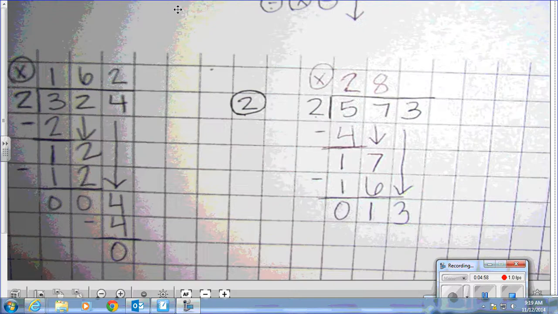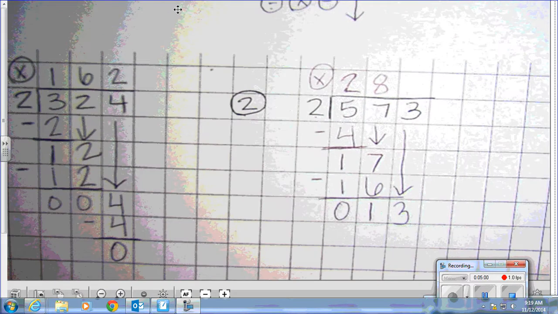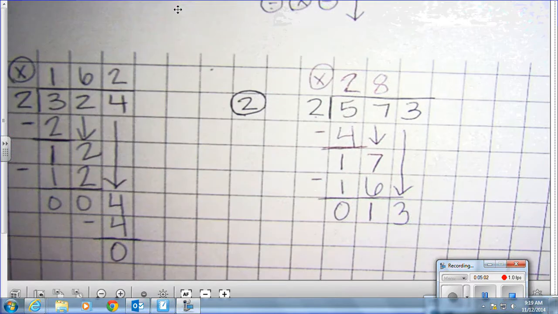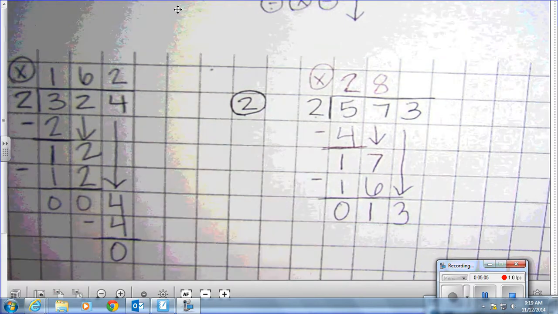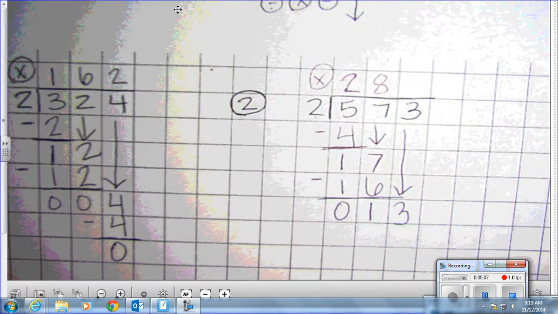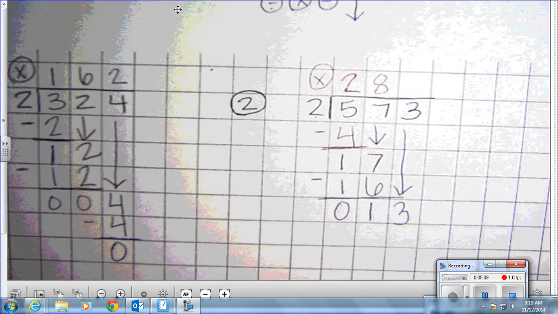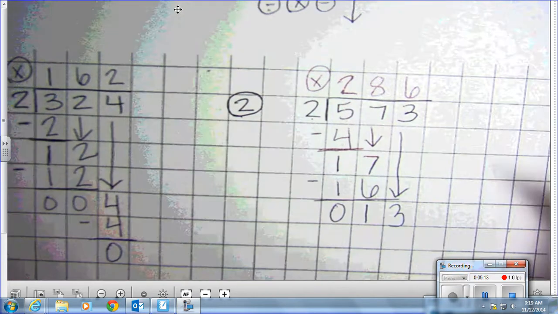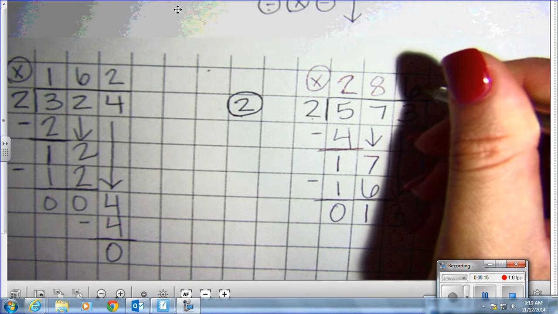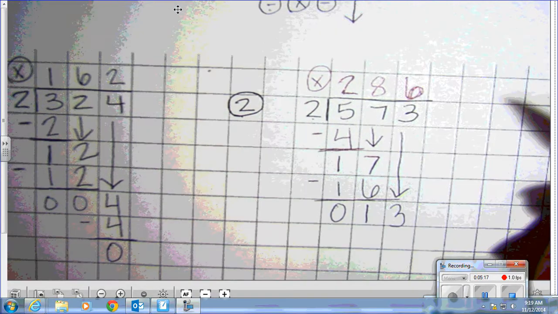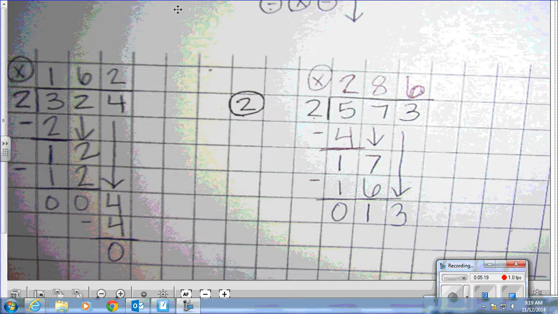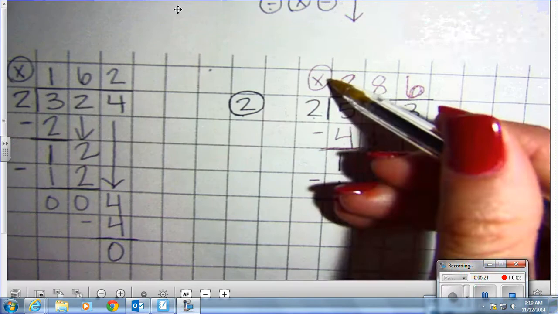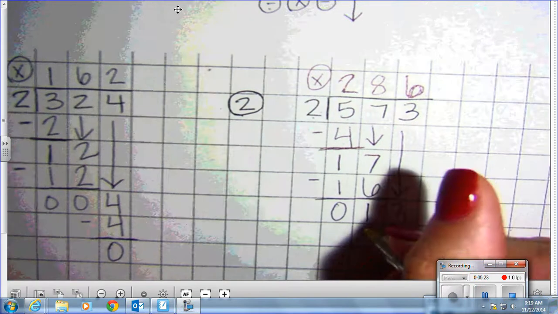I know that 2 times nothing can give me 13, but how close can I get to 13? 2 times 6, very good. That's as close as I can get, right? So I divided. I know that 2 can go into 13 6 times, and now I multiply. 6 times 2 is 12.